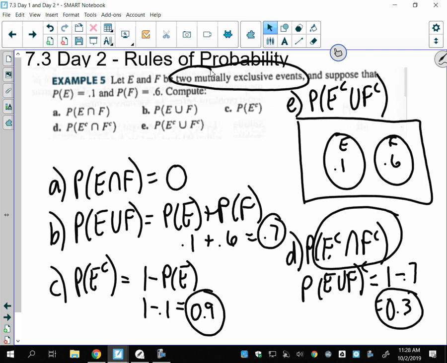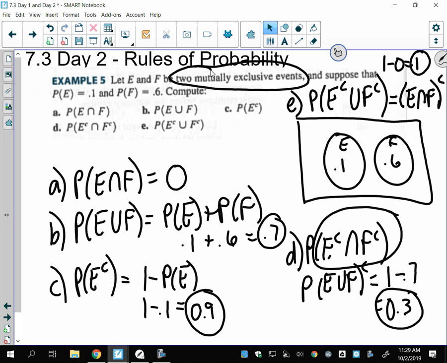The biggest probability you can have is 1, so the answer there has to be 1. But with De Morgan's law, how could I show this as an equation? De Morgan's law says E complement union F complement is the same as E intersect F, complement. When you move the C to the outside, it flips this around. And we know E intersect F was 0, so the opposite of 0 would be 100% chance of it happening.